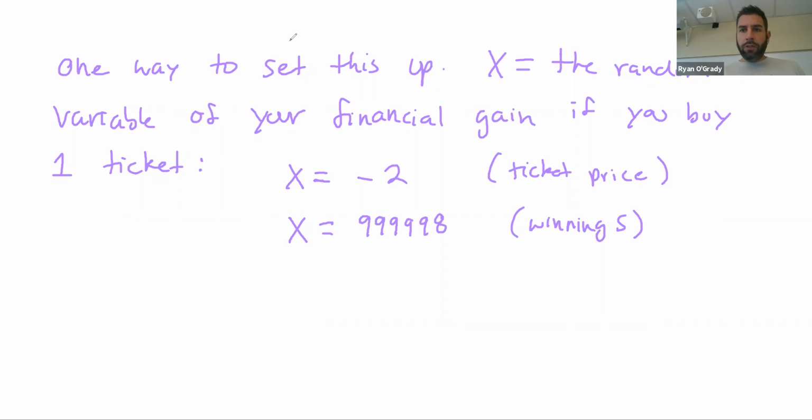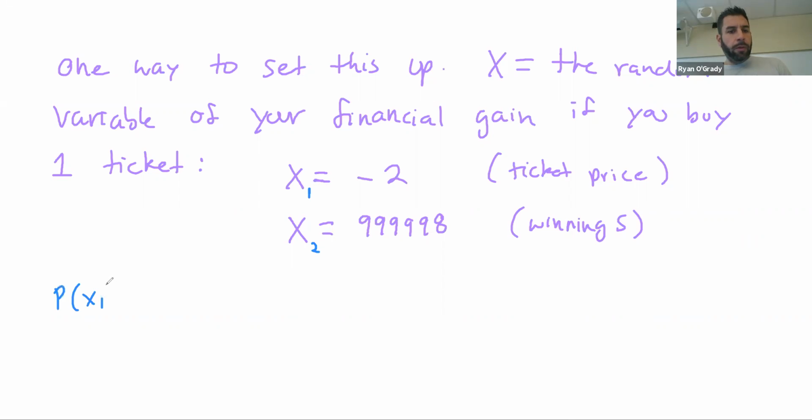Does anybody have a question about this? I'm not saying you have to do it this way. I'm saying this is one way to set it up. Each one of these has a corresponding probability. To make this clear, we can call this the first one and this the second one.